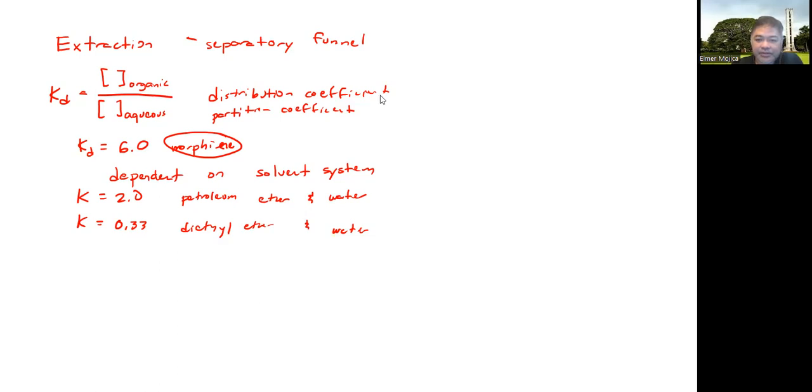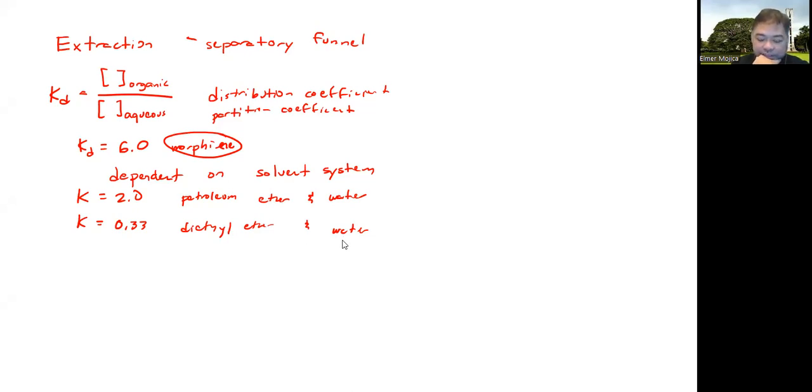Okay, so if I'm going to select this solvent system, then I would rather use petroleum ether and water compared to diethyl ether and water, because in the petroleum ether and water, I can collect, it's not necessarily you can collect more, but most of the morphine will go to the petroleum ether layer. But if it's diethyl ether and water, most of the material will go to water.